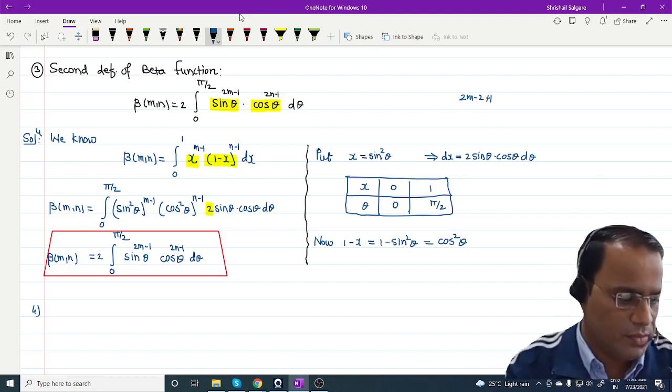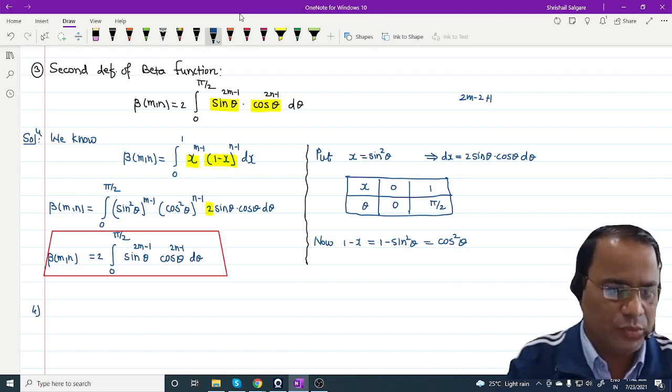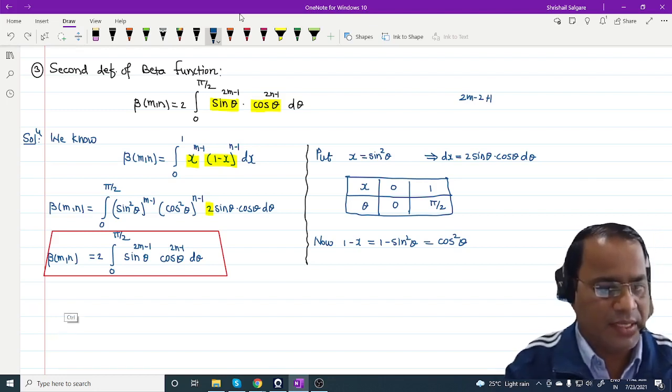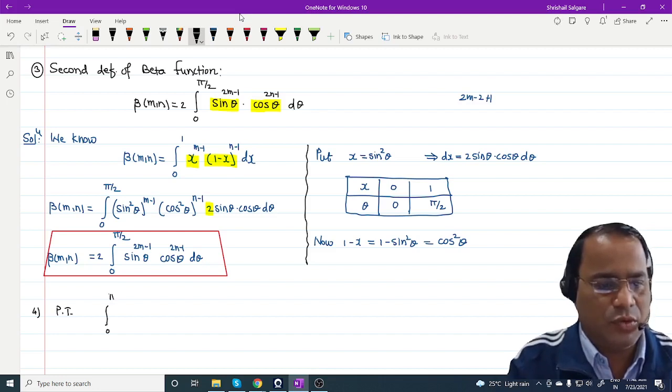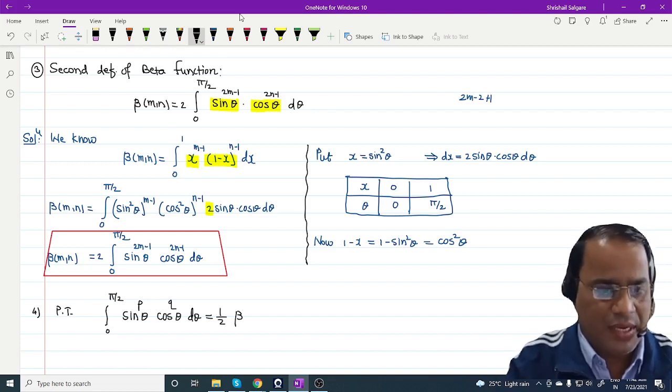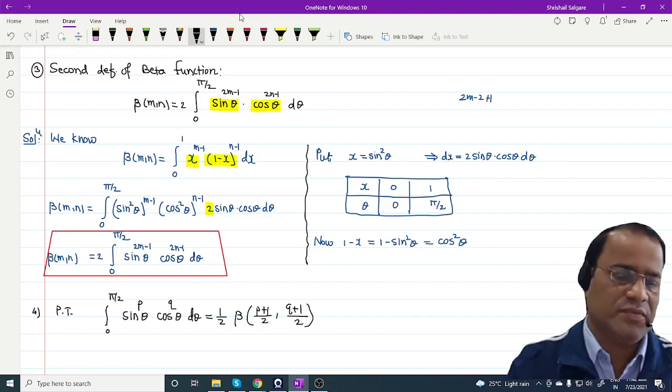Suppose the integral from 0 to pi by 2 of sine theta raised to some power p, cos theta raised to some power q, d theta, is given as 1 by 2 beta of (p plus 1) divided by 2, the first parameter, and beta of (q plus 1) divided by 2.